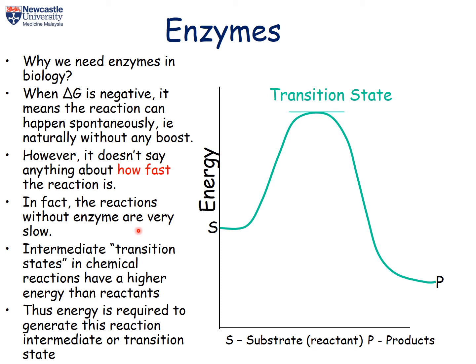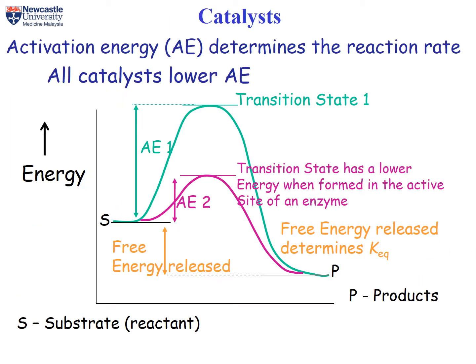Why is that so? That is because the intermediate transition state in chemical reactions has a much higher energy level than the reactants. So energy is required to generate this transition state before substrates can be converted into product molecules. This energy is known as the activation energy.